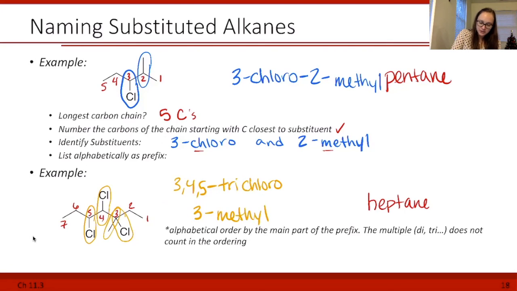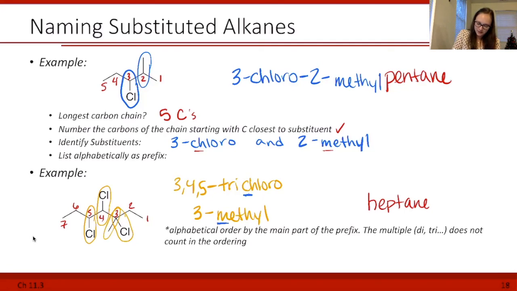So now the question is, what is the ABC order? So you'll see this little star down here with a little caveat. Alphabetical ordering by the main part of the prefix. So multiples like di or tri, or even the shape like iso for isopropyl does not count in the ordering for that ABC order. So we're actually comparing chloro, C to M. So even though it's tricky, we have trichloro. That trichloro actually comes first.